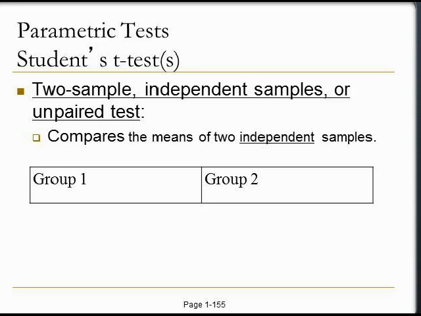So we're comparing the means of 2 independent samples. Okay, we line up all the men on this side of the room, we measure their cholesterol. We line up all the women on this side of the room, and we measure their cholesterol. And we compare the average cholesterol between those 2 groups. Okay, they're 2 independent samples.